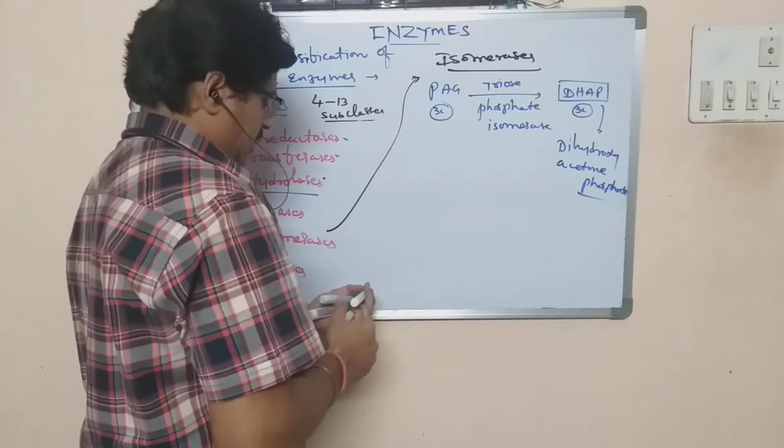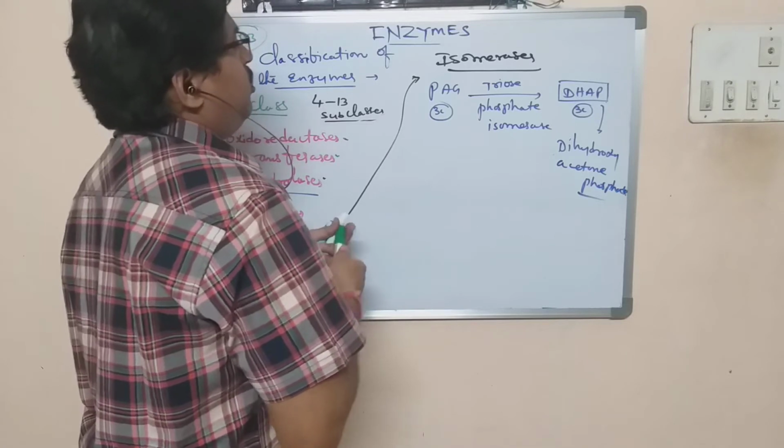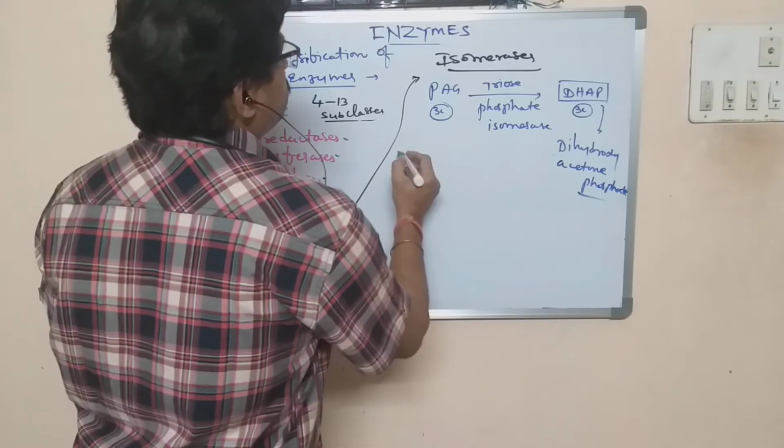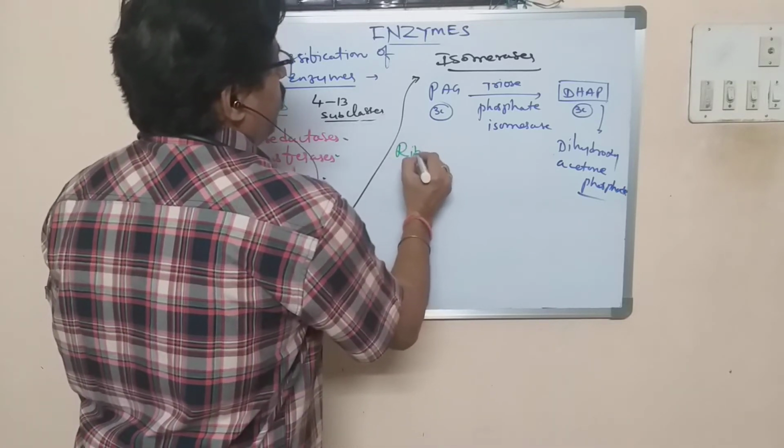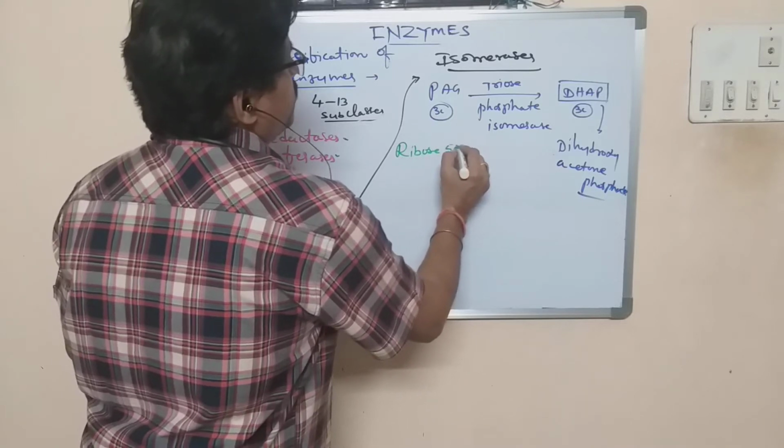Another example we can take is ribose 5-phosphate.